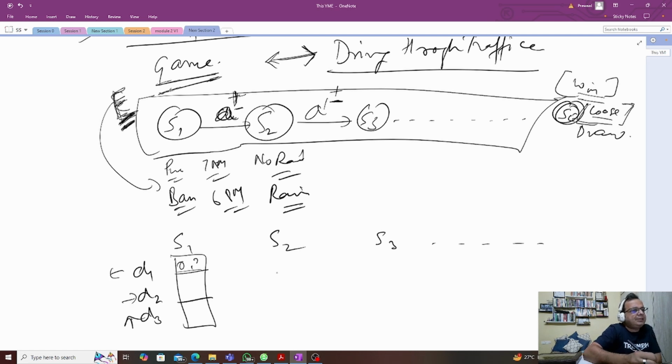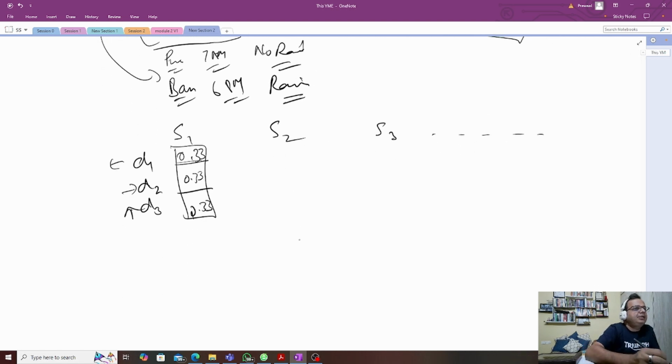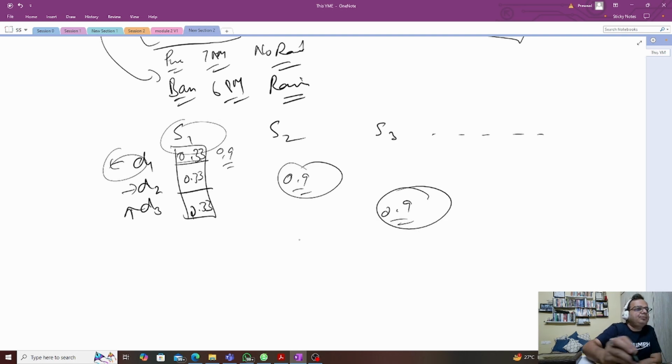You set each to 0.33, and then once you reach your end state and you do this process iteratively a couple of times, you end up changing these probabilities, and let's suppose this becomes 0.9, and in state 2 this becomes 0.9, here it becomes 0.9. You know that at this junction it is better to take a left, at this junction it is better to take a right, at this junction it is better to go ahead.